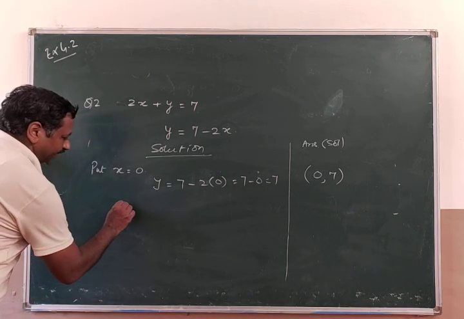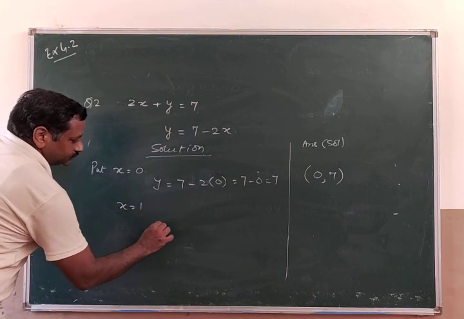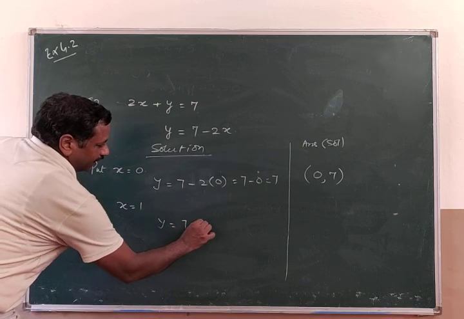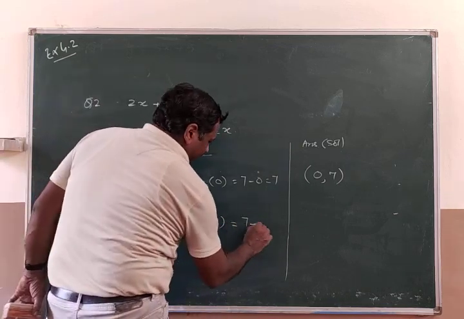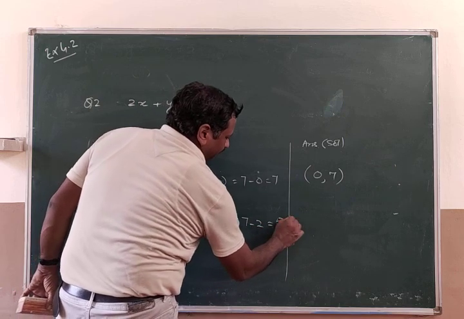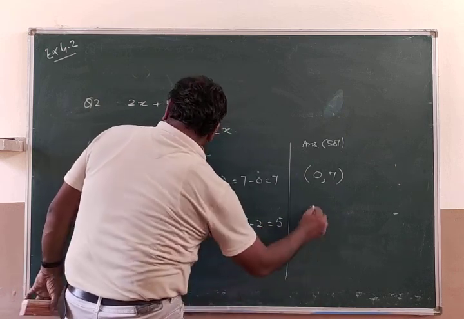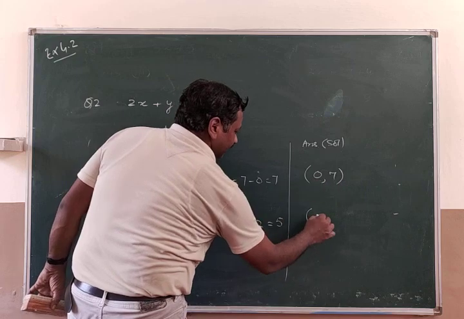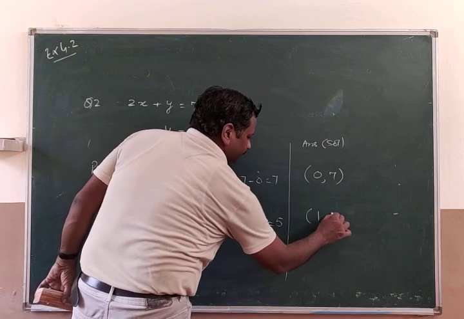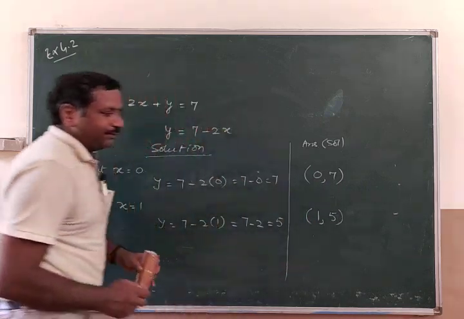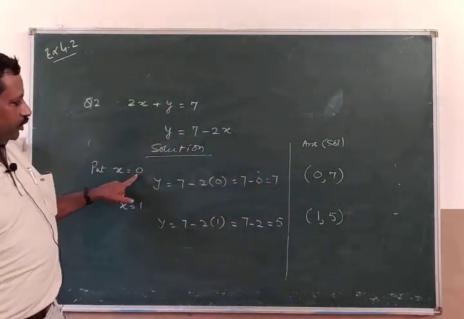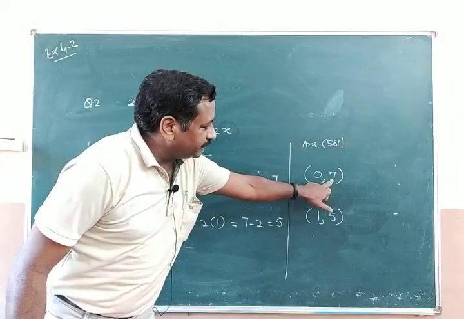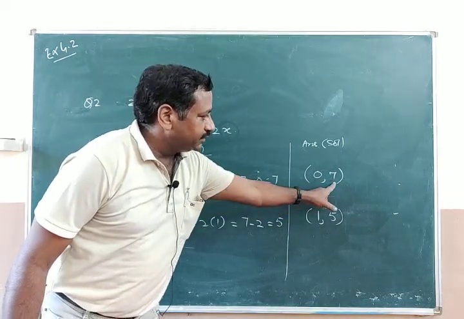Similarly, find out the second solution. x equal to 1, y equal to 7 minus 2 into 1. So 7 minus 2 equal to 5. So the second solution is 1, 5. Always remember that at the first place you will write the value of x, at the second place you will write the value of y.